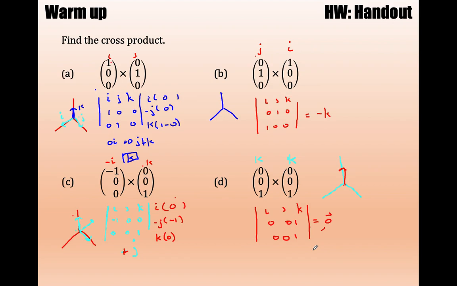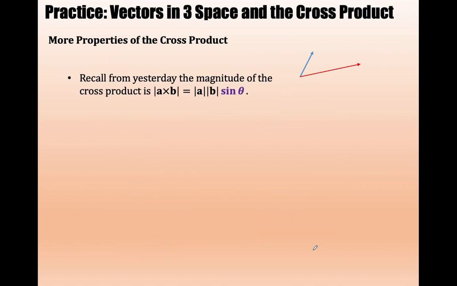All right, so this really is just some practice with all of the things that we've learned so far; that is all this video is about. So here is one new result of what a cross product is, another property. Remember from yesterday's video, we talked about the magnitude of the cross product, right? Remember how I'd forgotten that word?